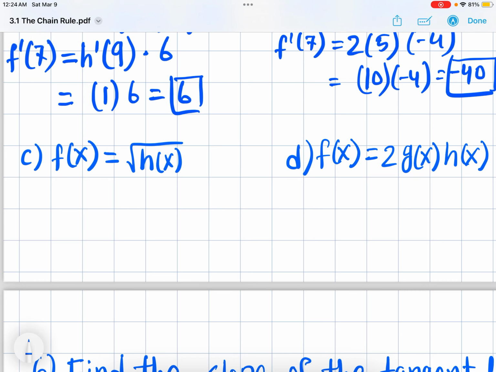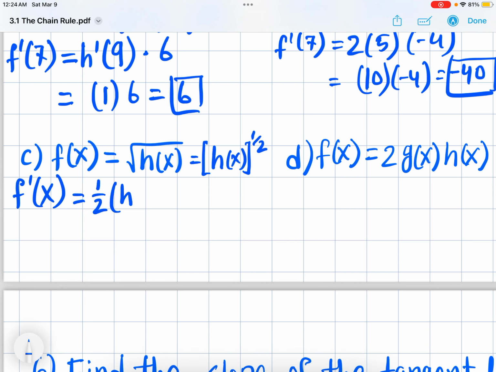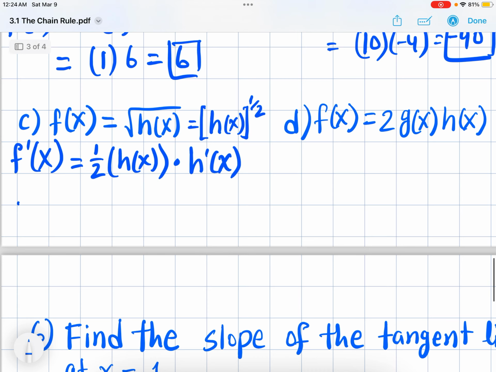Okay, since we're dealing with a square root, I'm just going to rewrite this as h of x raised to 1/2. So f prime of x equals 1/2, keep, multiply by the derivative. So we're looking for h prime at 7, 1/2.